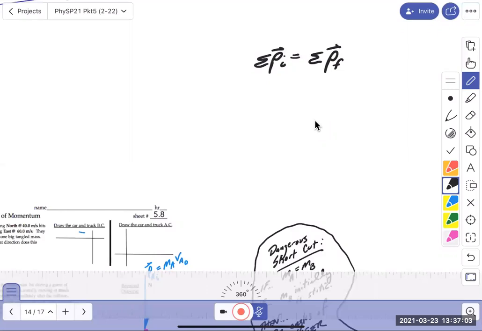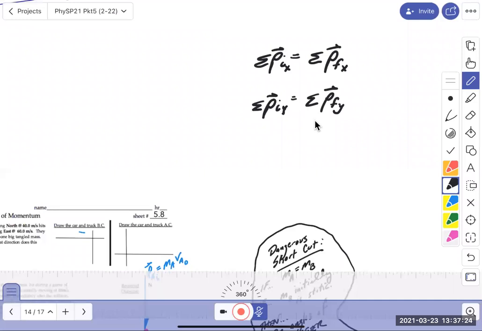So it's the summation of little pi in the x direction is the same as the summation of little pf in the x direction, and little pi in the y direction must be the same as the summation of little pf in the y direction. So I just doubled all my equations for two-dimensional.